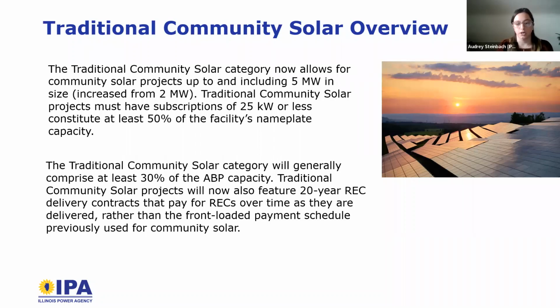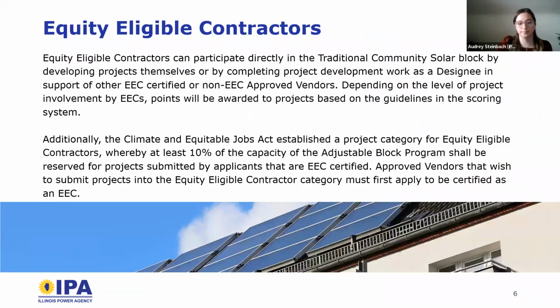As noted here, traditional community solar projects may be up to 5 megawatts in size and now feature a 20-year REC contract. Traditional community solar projects are distinct from community-driven community solar projects. We now have those two distinct categories for community solar within the program, and we will really only be talking about traditional community solar today. So I wanted to make sure that was clear.